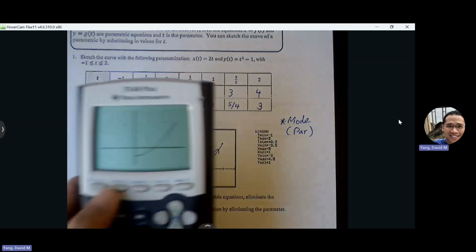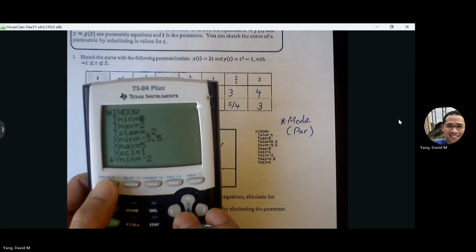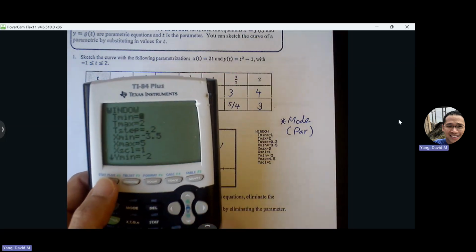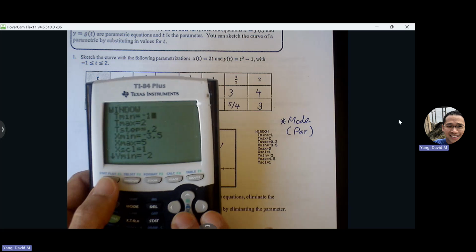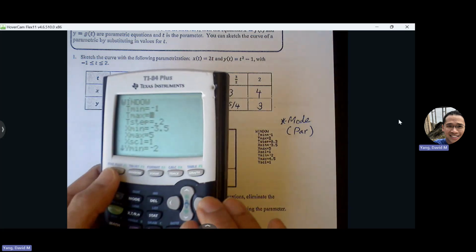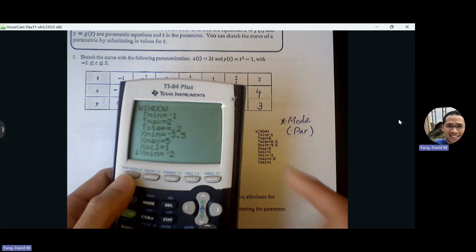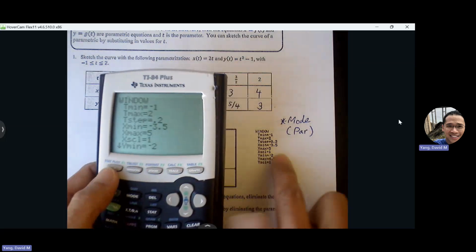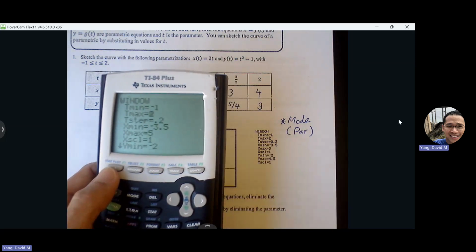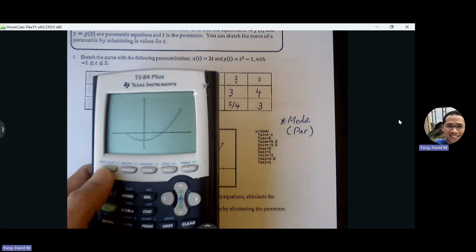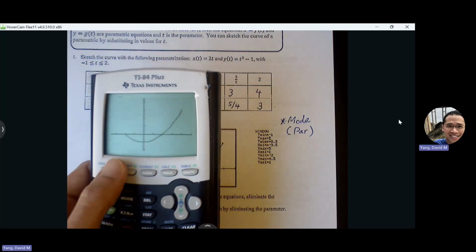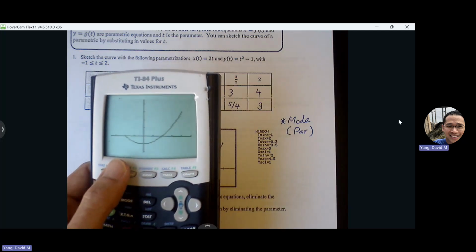Let's see. Got T min -1, T max 2. So starting at -1, it's going to keep finding the next t value after steps of 0.2. So if you hit graph, it's forming that graph that we see there.